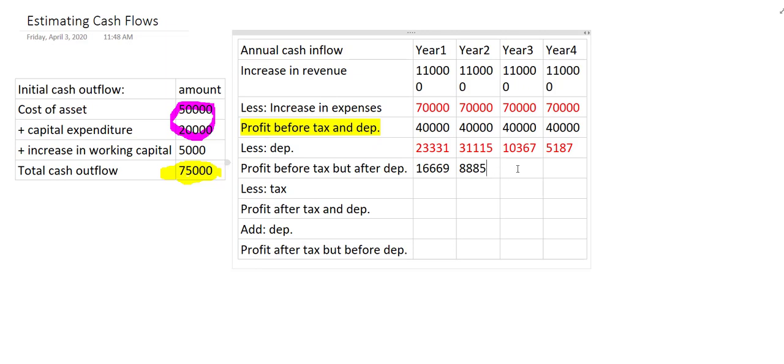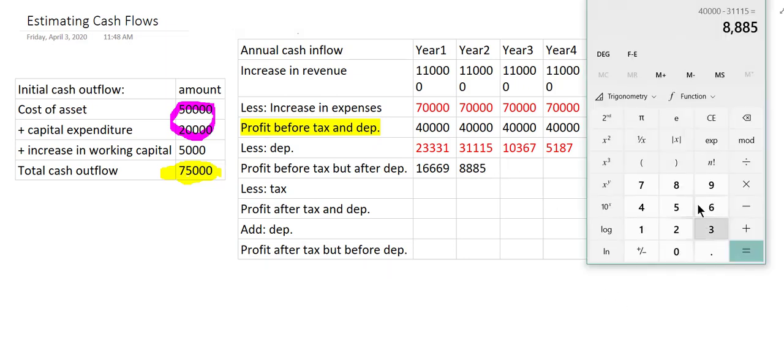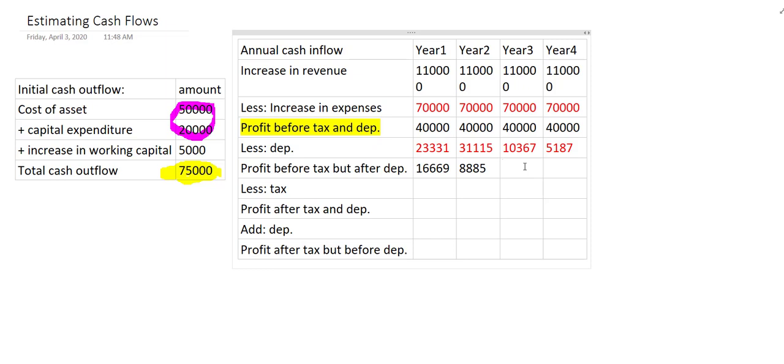Mention 8,885. For the next year, also mention please the amount of depreciation. So just take it 40,000 minus 10,367, which is equal to 29,633. This was the amount.